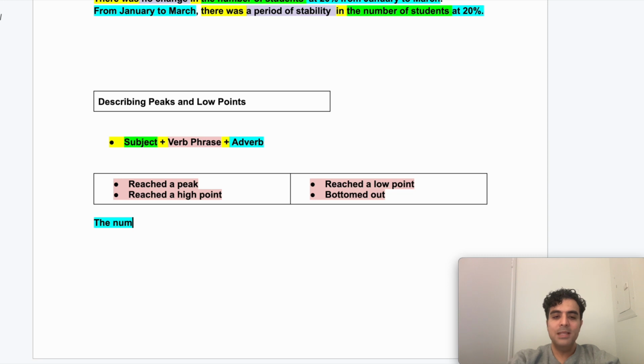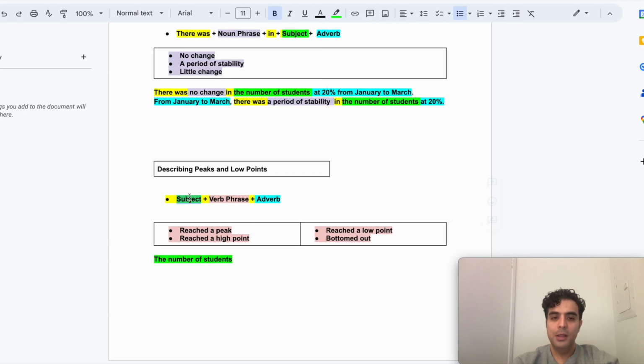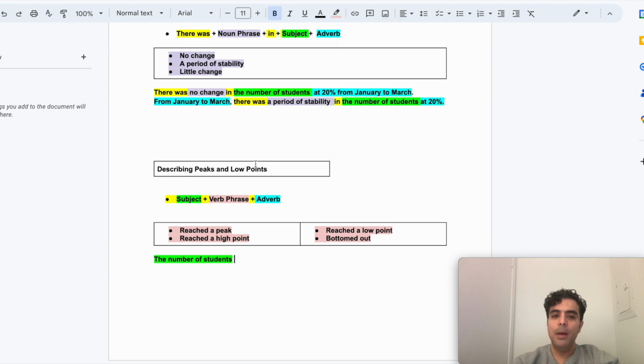So I'll start with my subject, the number of students. That is going to be green, corresponding to this part of the structure. And then I need my verb phrase. So the number of students, and I want to talk about a peak. So reached a peak.